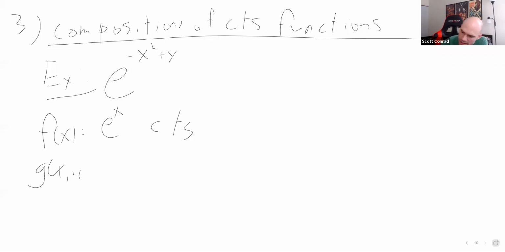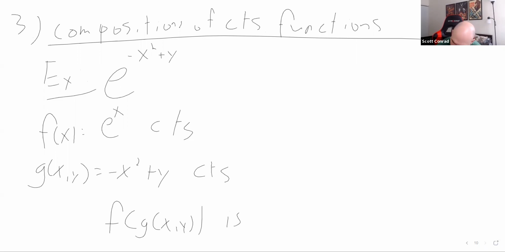And we know g of xy, negative x squared plus y, is also continuous because it's a polynomial. So if we compose the two, if instead of f of x, you replace x with g of xy, if you compose the two, it's also continuous.